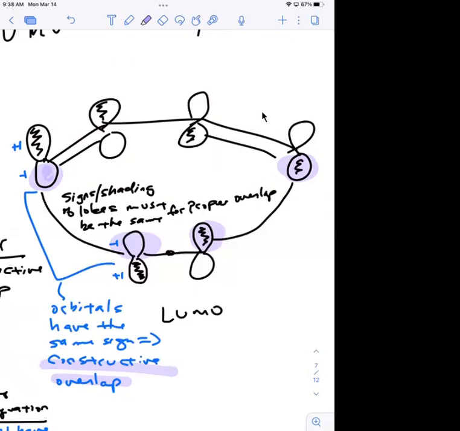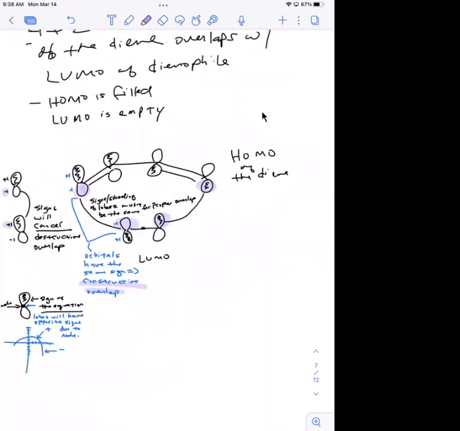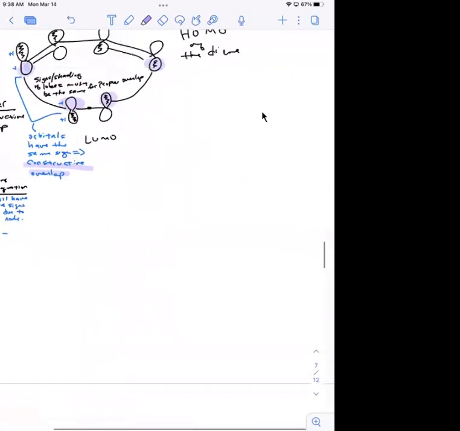So with that being said, there's a couple of things we need to know about the structure of the dienophile as it relates to overlapping with the LUMO of the diene, because there's a stereochemical requirement for your diene that has to be met. Otherwise, it won't be able to overlap properly. So let me show you that.